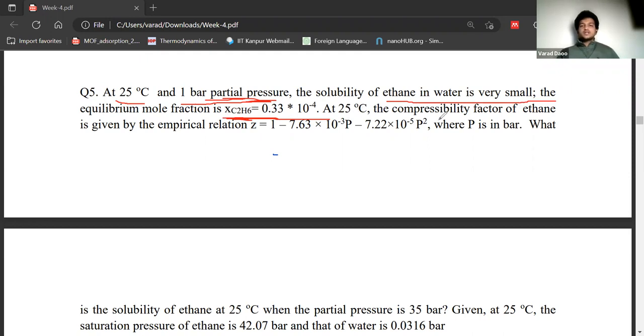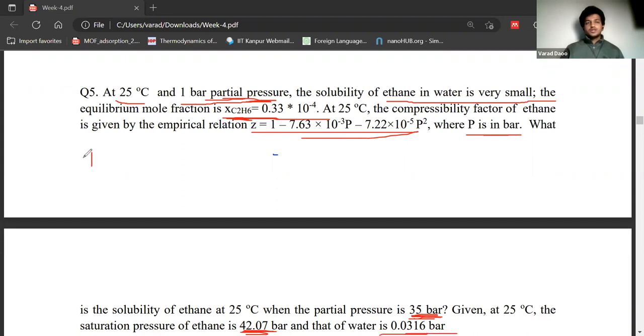At 25 degrees centigrade, the compressibility factor of ethane is given by this empirical relation, where P is the pressure in bar. What is the solubility of ethane at 25 degrees centigrade when the partial pressure is 35 bar? We are also given that the saturation pressure of ethane at these conditions is 42.07, and that of water is this.